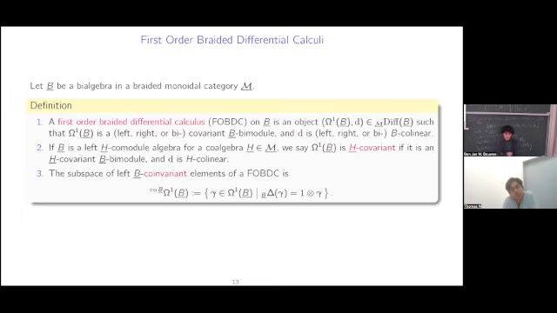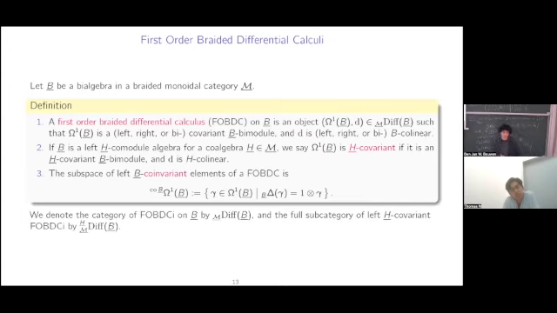In these cases, we can actually talk about the subspace of left B coinvariant elements of a first-order braided differential calculus, and the definition is the usual one according to the general picture that we have for the category of vector spaces. Namely, those are the elements that are invariant under the coaction that we have on our differential calculus.